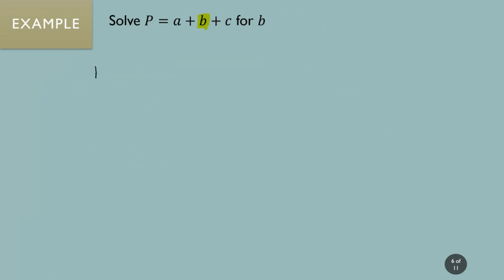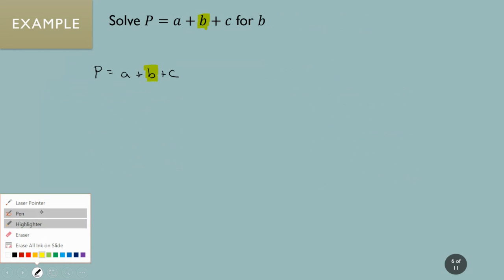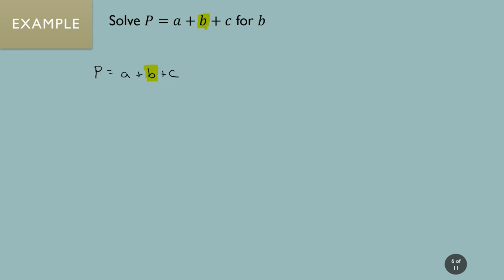So I'm going to just rewrite here and then highlight what I'm solving for. So I know I don't want to move that. On the same side as B, we have A and we have C. So we need to get rid of both of those. I'm going to start with just the A first.